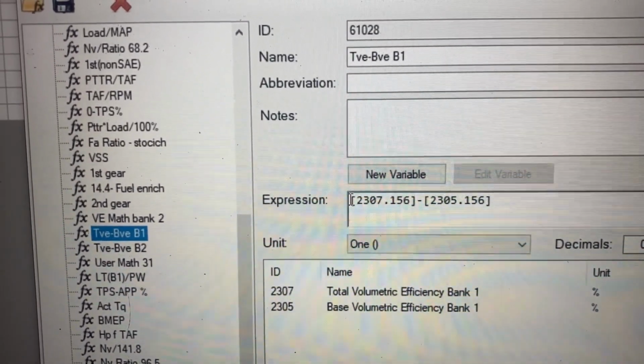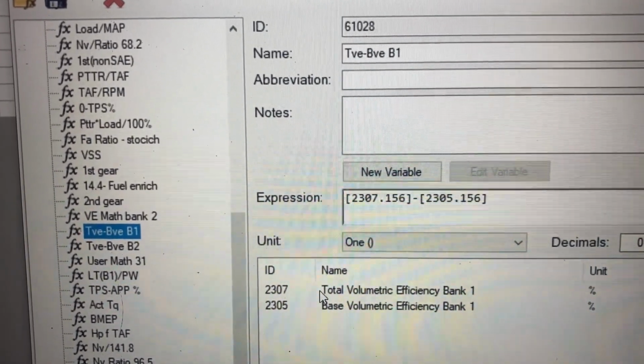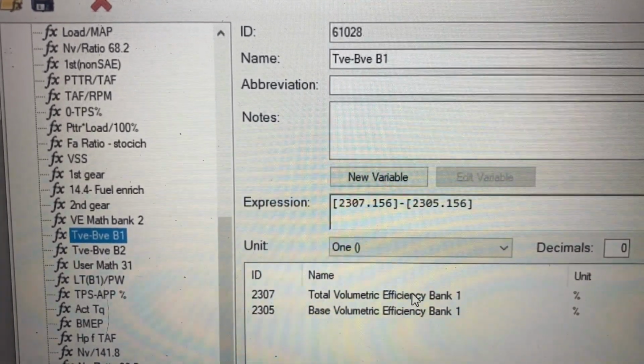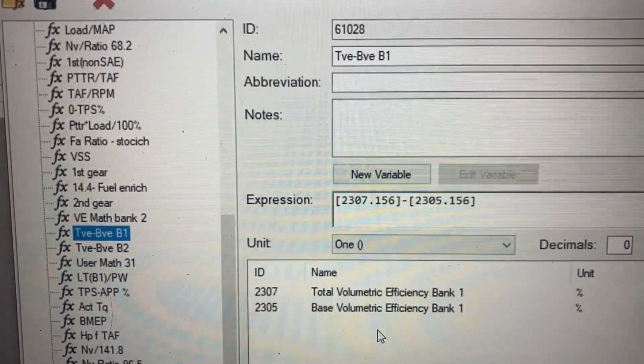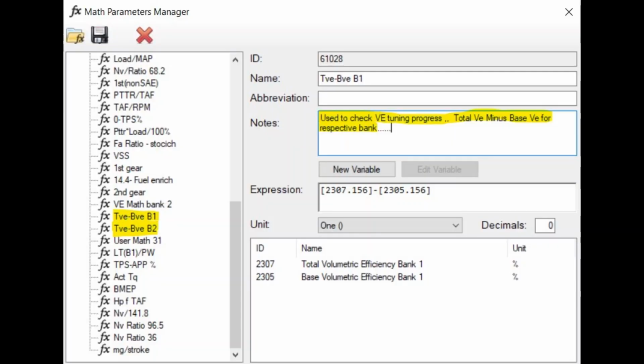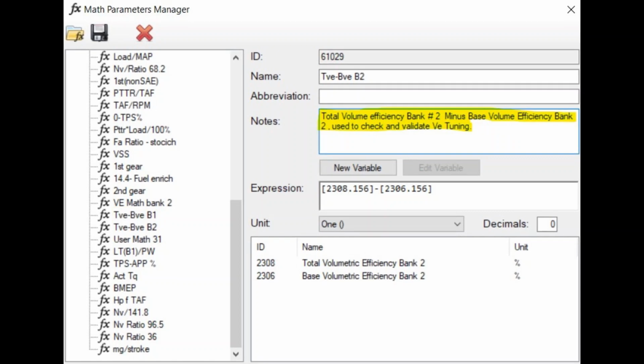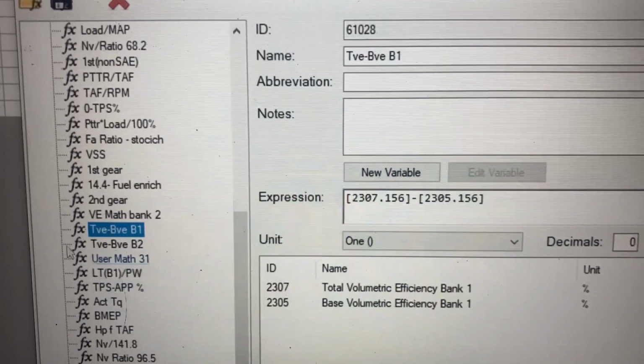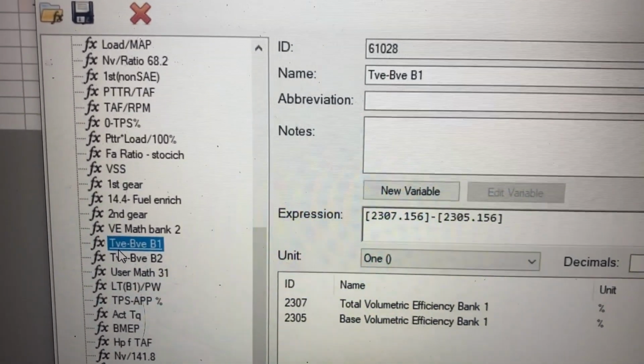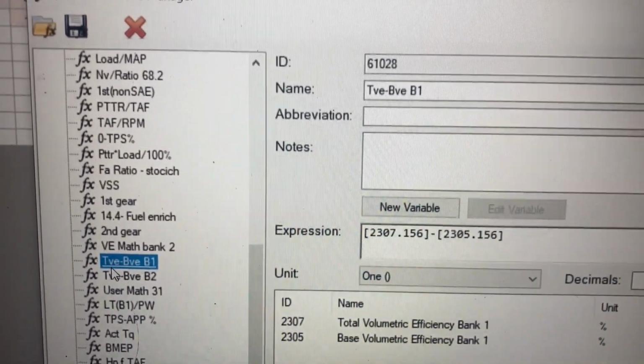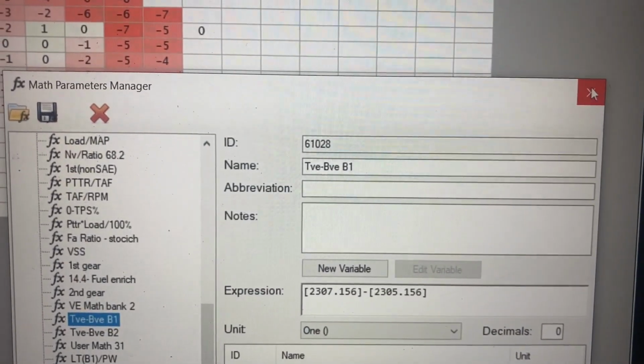So basically what I do is I take the parameter of total and I minus the base. Hence, that's why it's called TV minus BV, bank 1, okay?